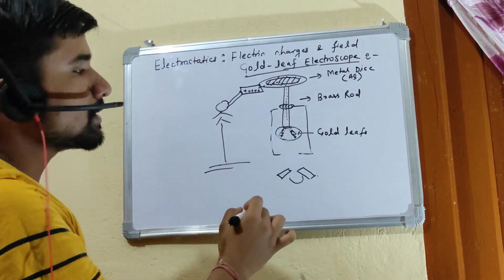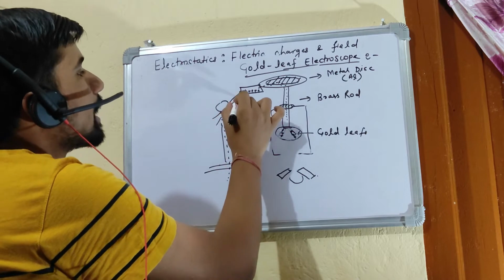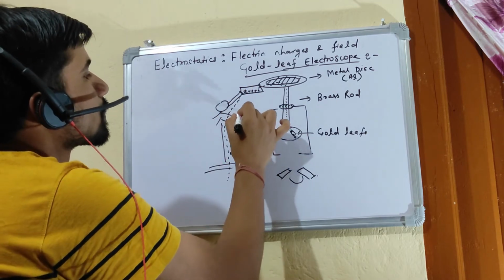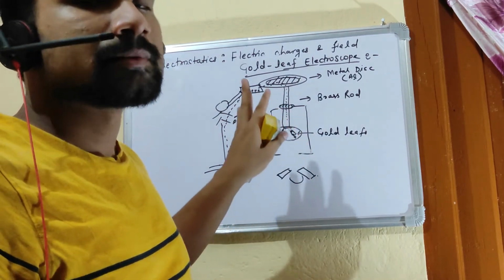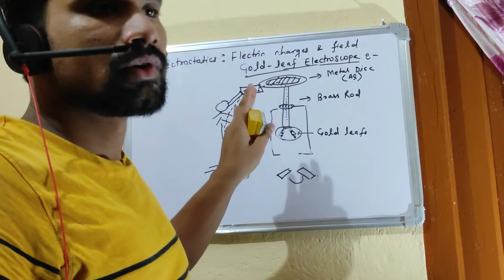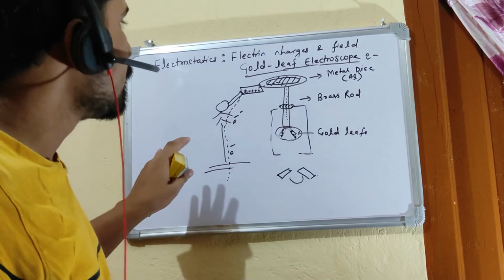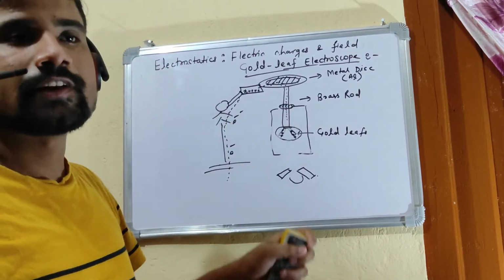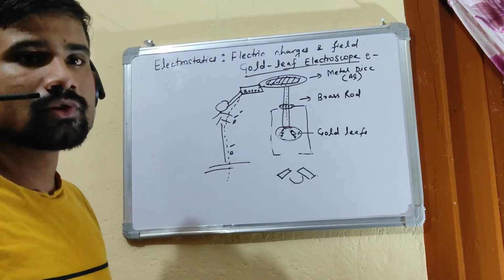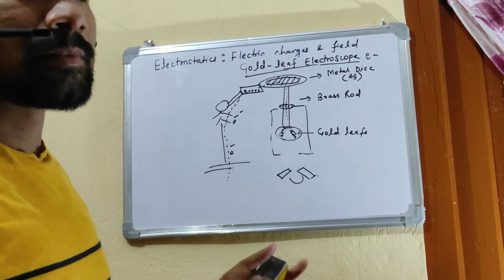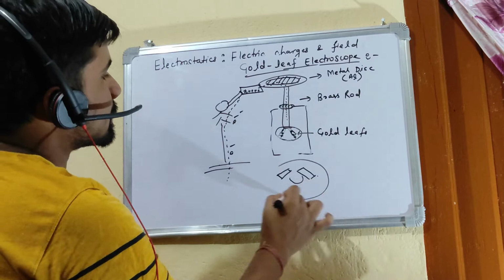Since our body is a conductor, the earth will supply electrons and neutralize this particular charge, and we will see that these leaves have come to their mean position and there is no divergence anymore, right? So yeah, this is about gold leaf electroscope and how it detects charge. Broadly speaking, it is also used to quantify the amount of charge by showing the angle of divergence it has.